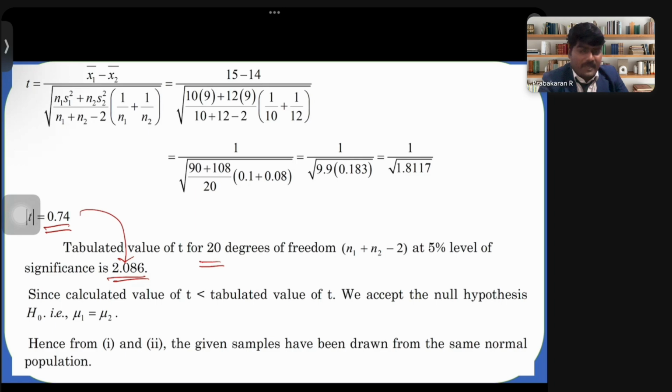If they ask specifically whether the means are equal or whether the variances differ significantly, we go with the t-test or F-test respectively. The t-test is useful for comparing the two sample means, and the F-test is useful for comparing two sample variances. Just keep it in your mind.